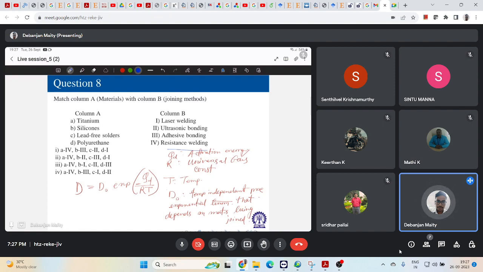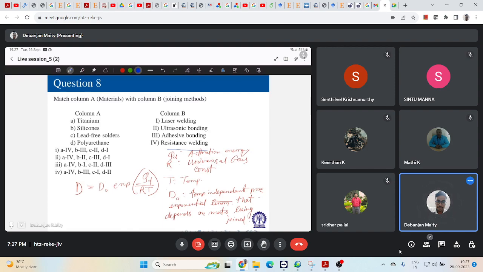Anyhow, the basic mechanism is similar to resistance welding. It depends on the resistance of the substrates to the passage of the electric current. That's how it works, and Joule's heating is there.